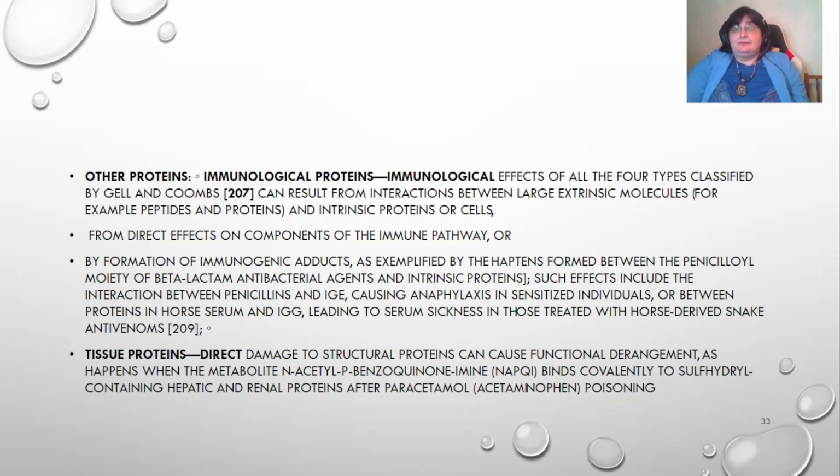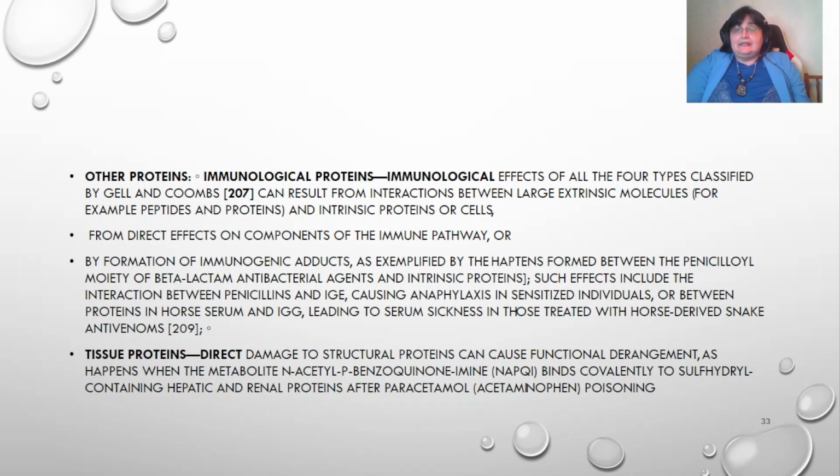Other proteins. Immunological effects of the four types classified by Gell and Coombs can result from interaction between large extrinsic molecules, for example peptides and proteins, and intrinsic proteins of cells, from direct effects on components of the immune system, or by formation of immunogenic adducts, as exemplified by the haptens formed between the penicilloyl moiety of beta-lactam antibacterial agents and intrinsic proteins.